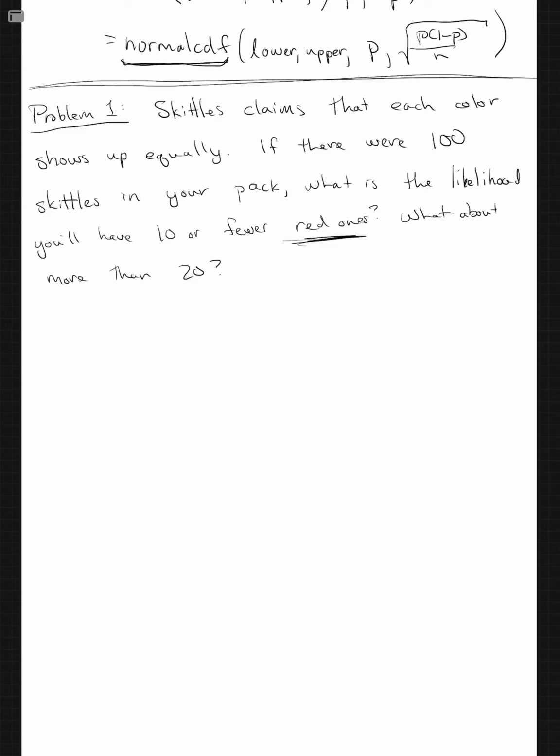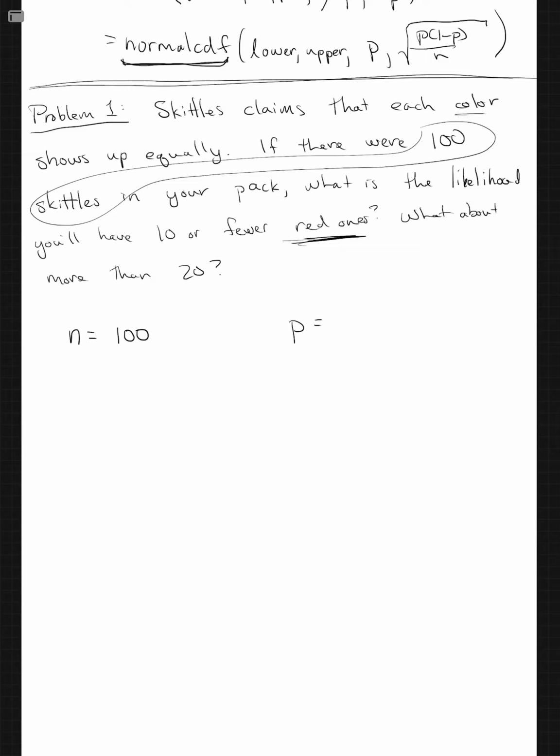So for us to answer probability questions about a proportion problem, we need to find N and we need to find P so that we can check whether we even have a normal distribution. So N in this case is the number of Skittles that we are asking the question about, so that's 100.